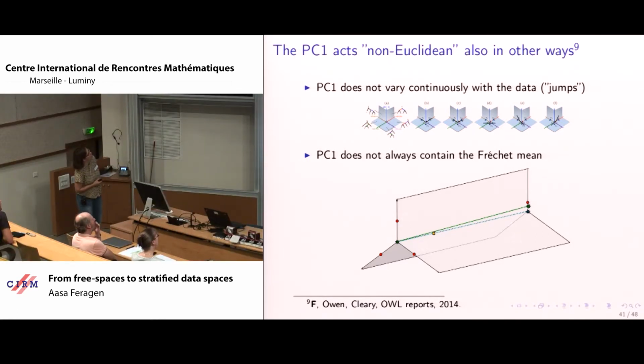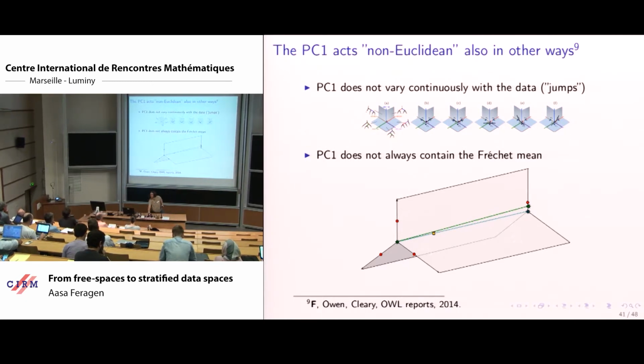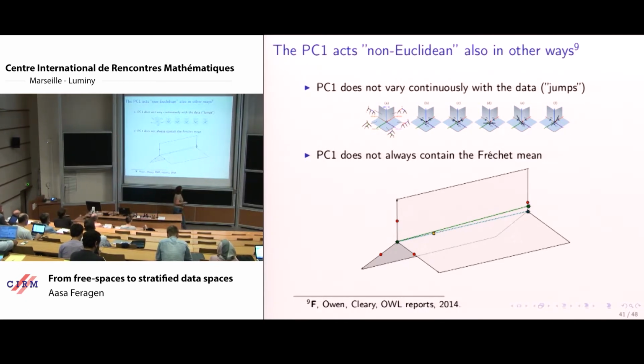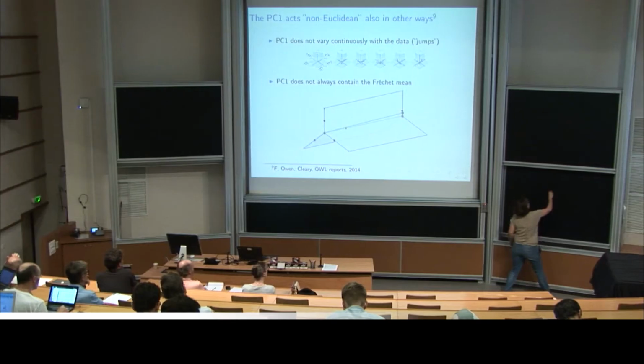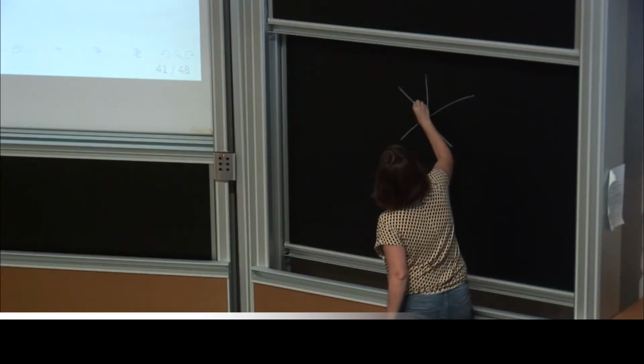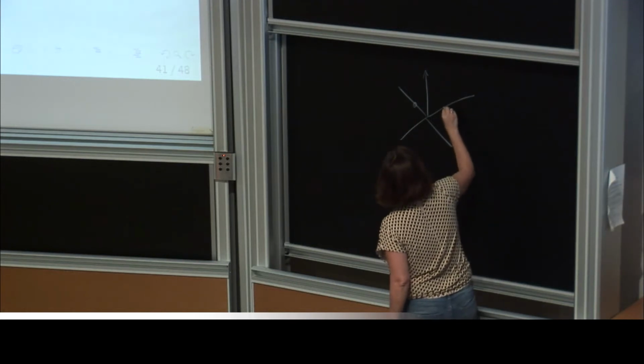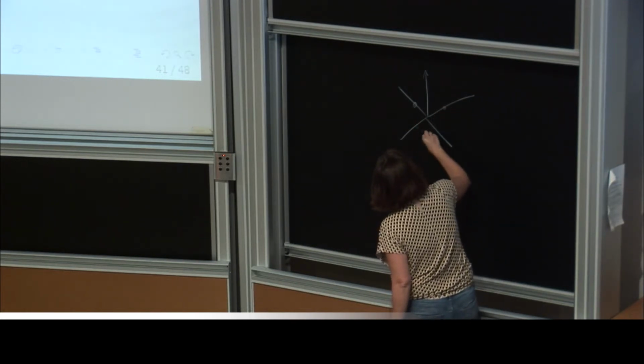I don't think you can see this. Let me try to draw it. So you have this corner situation. And then you have one point up here. So this is the vertical part of the corner. And then you have one point here, and you have a last one here.